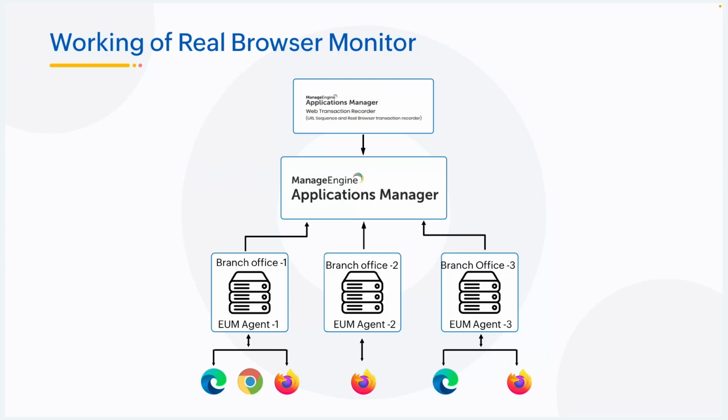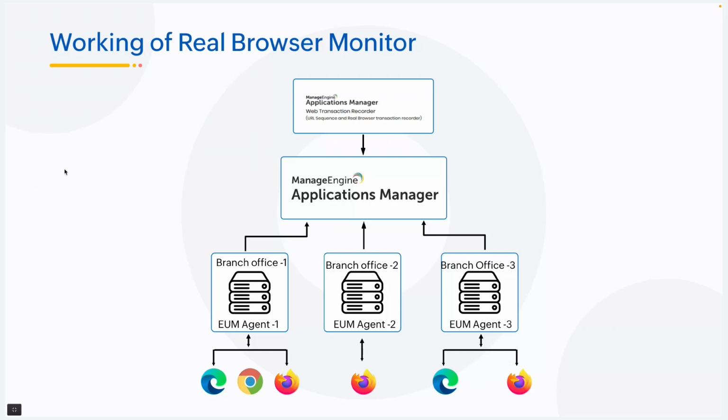Applications Manager's end user monitoring agent provides greater visibility into user experience and helps detect potential performance issues with ease. These agents can be installed in multiple branch offices in different cities or in different systems of your end users. All you need to have is a secured HTTP connection between the agent and your applications monitoring server.